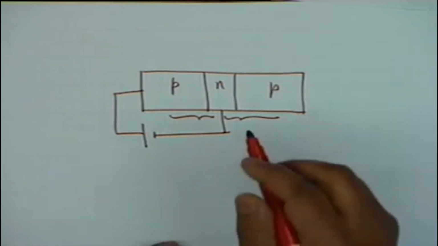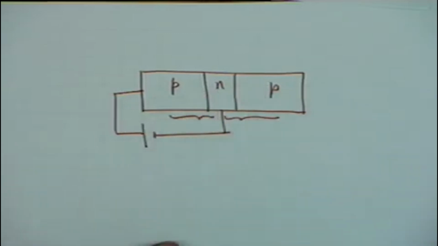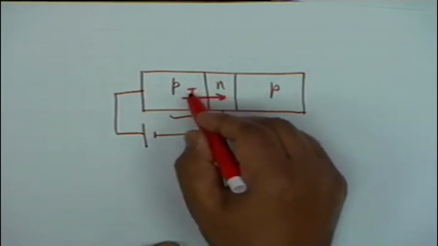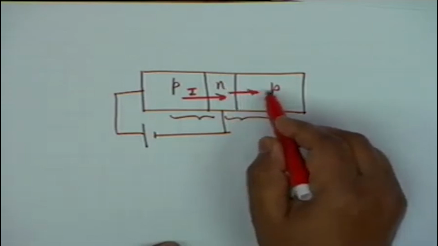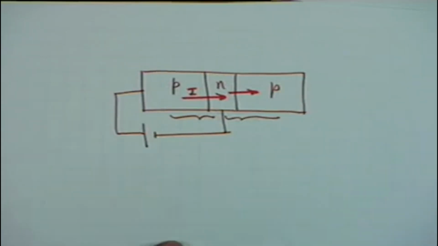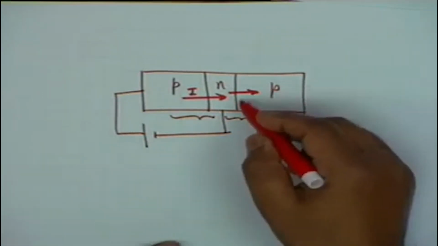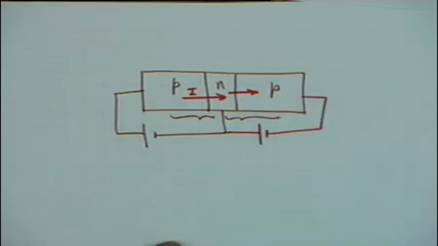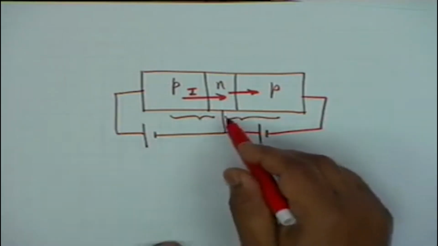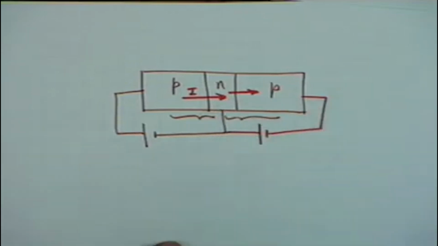On the other hand, if this same current, the current that flows through this junction, let us say capital I, is forced to pass into the other P region, and this junction is reverse biased, in other words this N is positive and this P is negative, if I connect a battery across this junction in the reverse direction, very little current flows and therefore the resistance of the diode is high, ideally infinite.